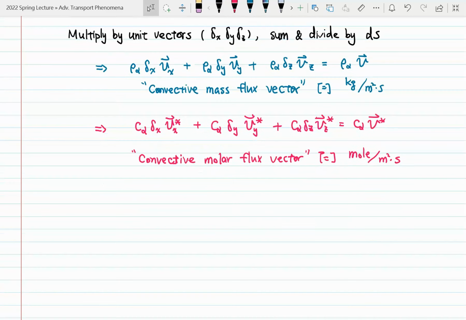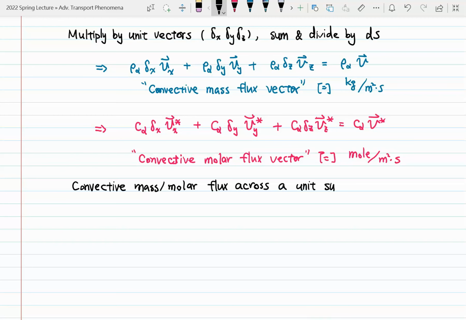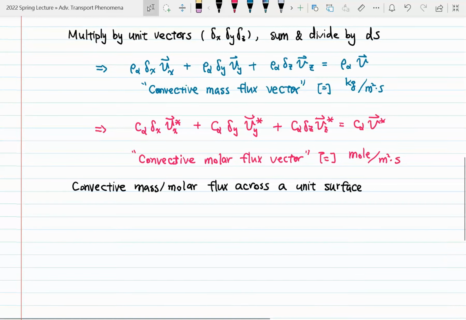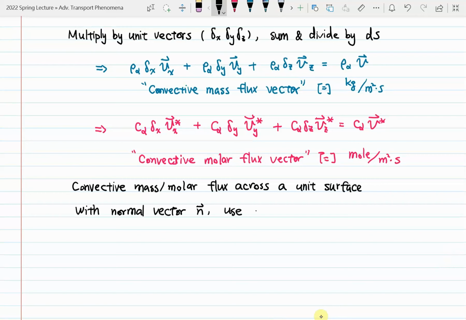Okay, so if we write that down, simply saying that the convective mass or molar flux across a unit surface with normal vector n, we just need to use the dot product.